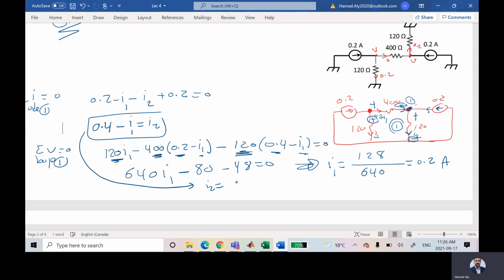Substitute in this equation. So 0.4 minus 0.2 again. It gave me the same current that I said from the beginning. So if you got lost and you don't know that the voltage is equal, you can follow these steps, but you will realize at the end that the current is equal to 0.2 for both sides because of symmetry.